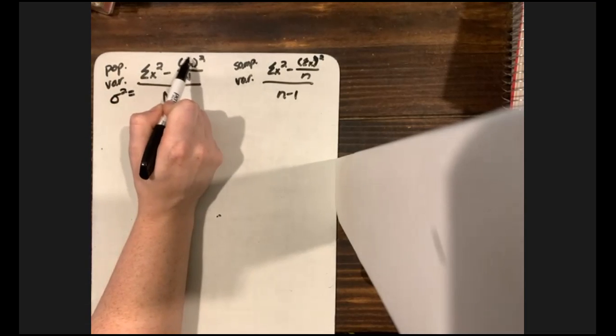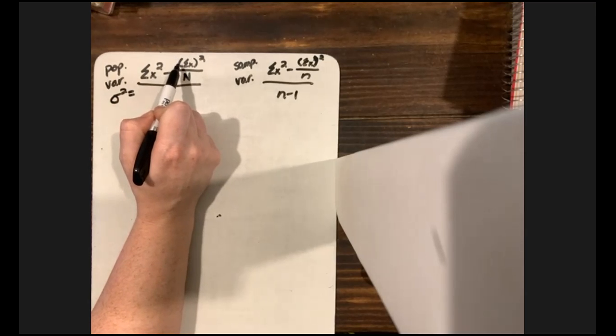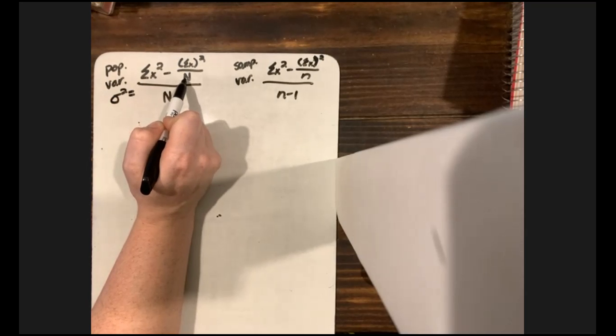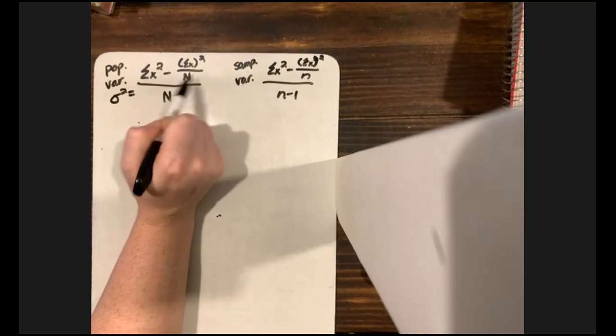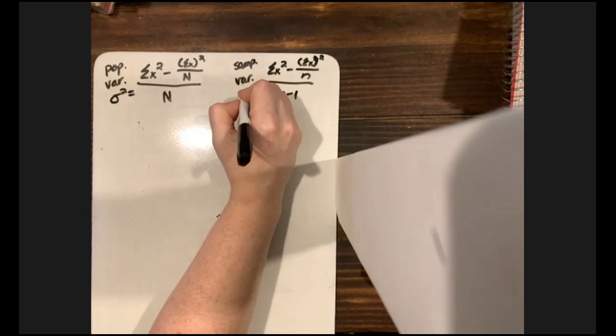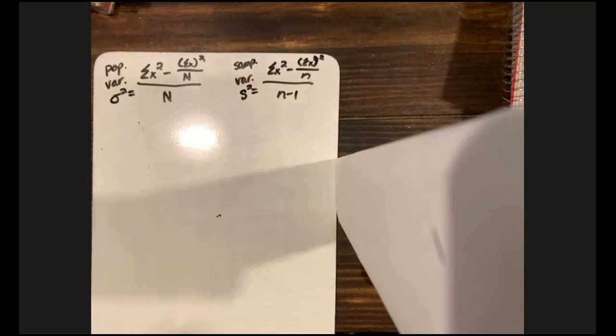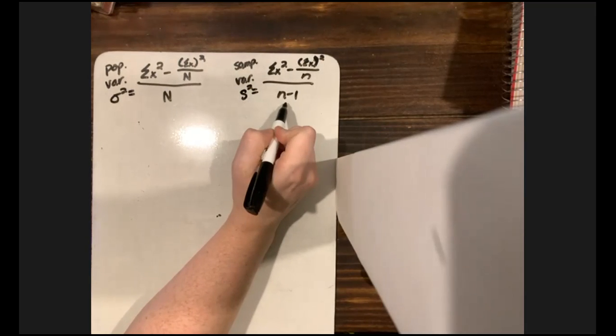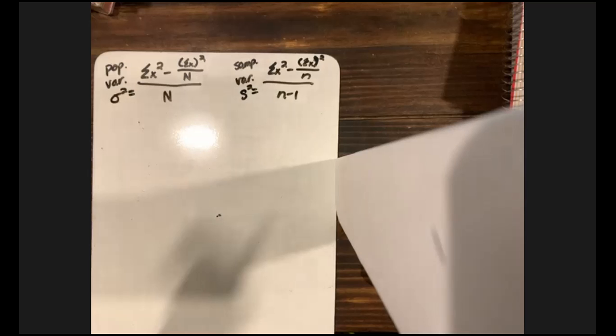We total up just the plain x's by themselves and square that total. We divide by n, the number of data points, do that math and then divide by n once again. Over here for sample variance, which is s squared, we have the same setup. The only difference is we have this n minus 1 down here on the bottom.